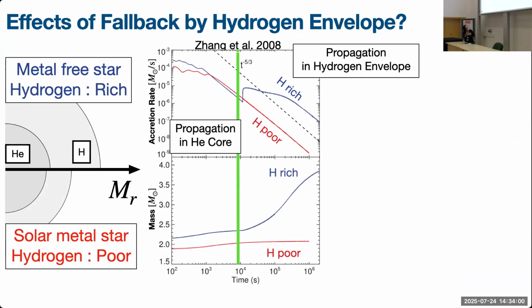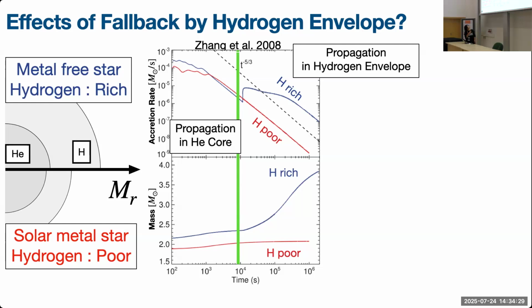Chan et al. calculated the time evolution of accretion rate and masses by solving hydrodynamic simulations. They used two initial conditions. The first is a metal-free star, which has a rich hydrogen envelope. The other is a solar-metallicity star, which has a poor hydrogen envelope. Please look at this upper panel.